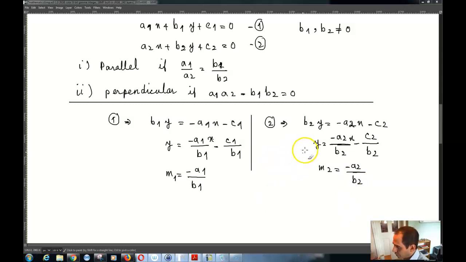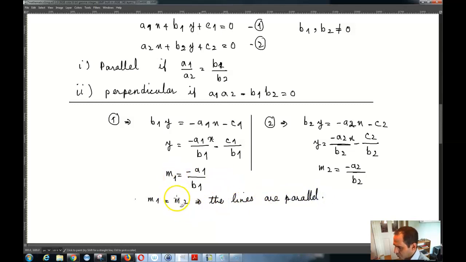So of course you know that two lines are parallel if their slopes are the same, are equal. That means that if m1 is equal to m2, then the lines are parallel.